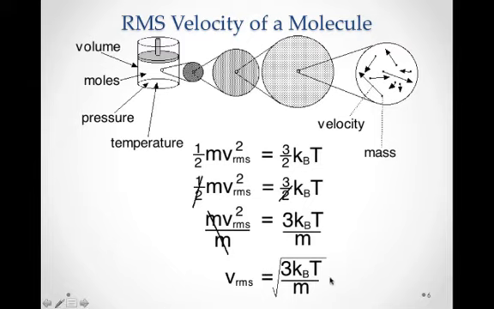Before we move on, since this root mean squared speed is related to just the mass of one molecule, let's do a quick review of how we can find the mass of a particular molecule.